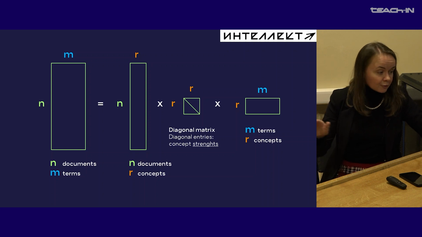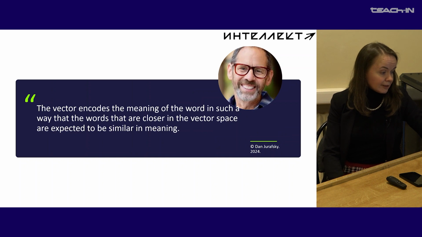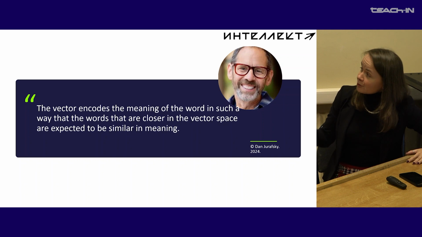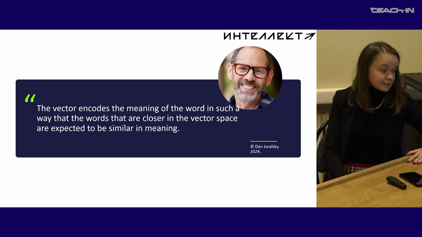So this is kind of theoretical basics, how this context analysis happens. And I will quote today 2 people from the Stanford Natural Language Processing School, and this is one of them.